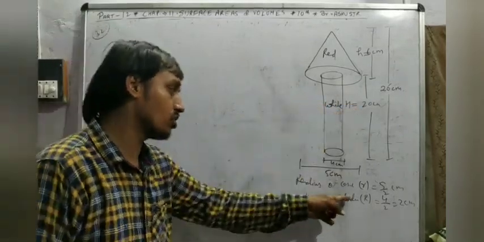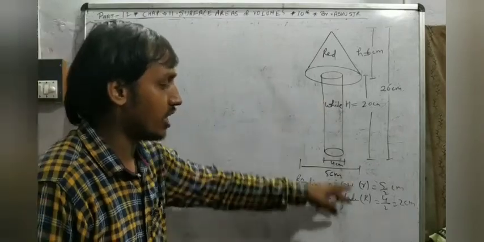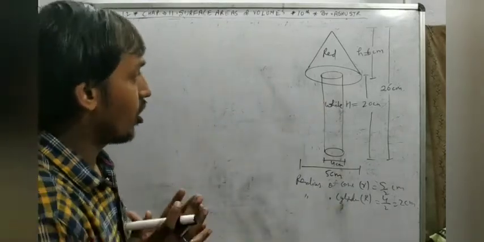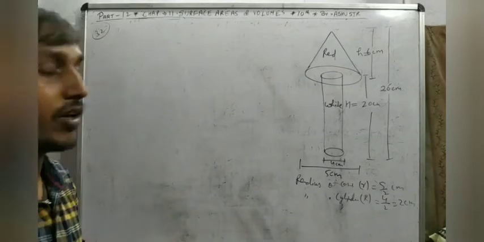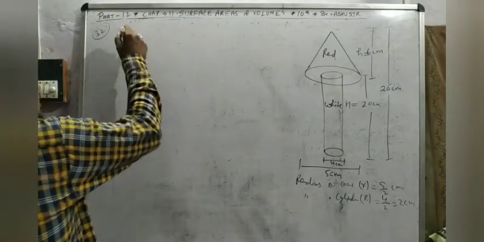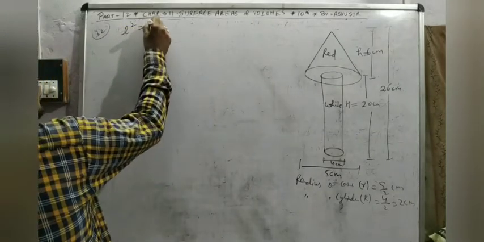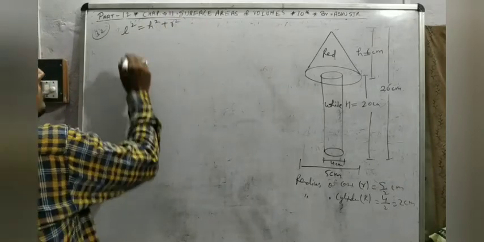For the cylinder we have both values h and r, but for the conical part we don't know the value of the slant height. So first find the slant height: l square is equal to h square plus r square.